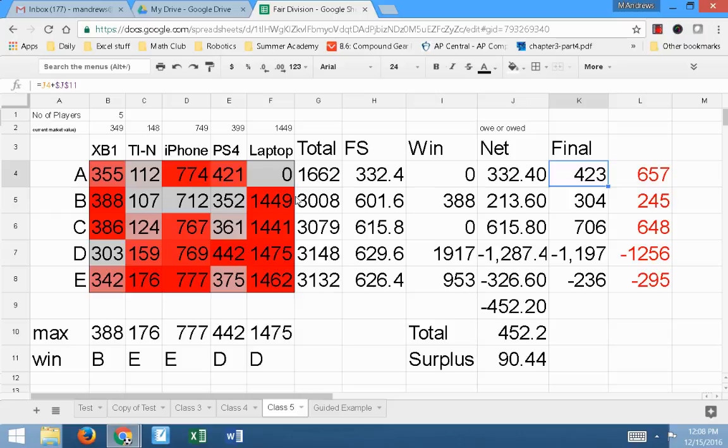So I don't get anything. I get less money because I did not bid on that laptop fairly. So I actually ended up cheating myself out of potential money because I refused to bid.